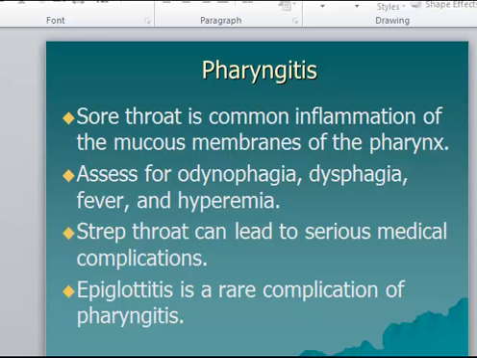With our bacterial pharyngitis, we'll have severe hyperemia of the pharyngeal mucosa, tonsils, and the uvula, and we'll also have redness of the tonsils with yellow exudate. With the skin, you usually have no rash with the viral, and you may have a rash with the bacterial. Dysphagia and odynophagia are present in both.